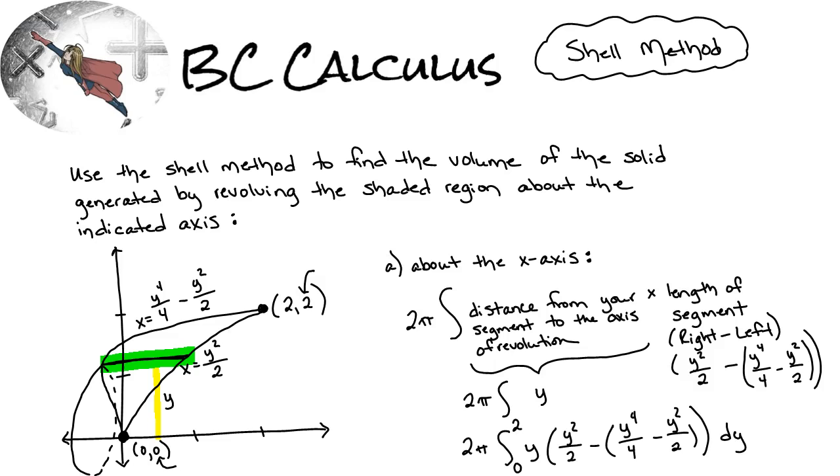And then you can just do this on the calculator. So on the calculator, we'll punch this in and get the answer. You get 8 pi over 3. And that's that solution. Now I'll show you why knowing the shell method is so valuable.